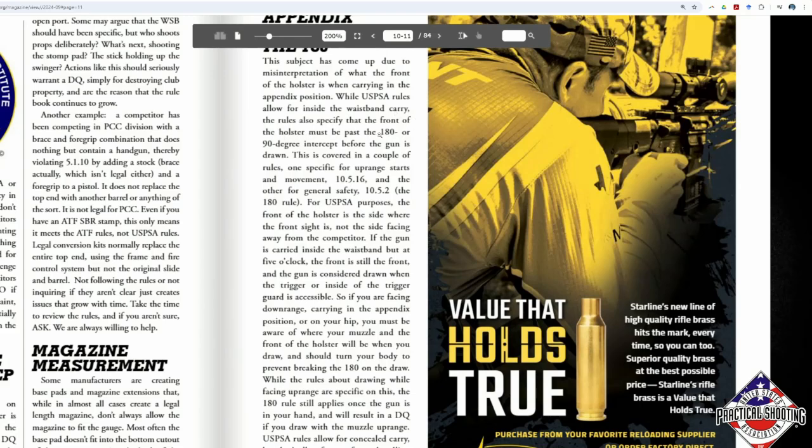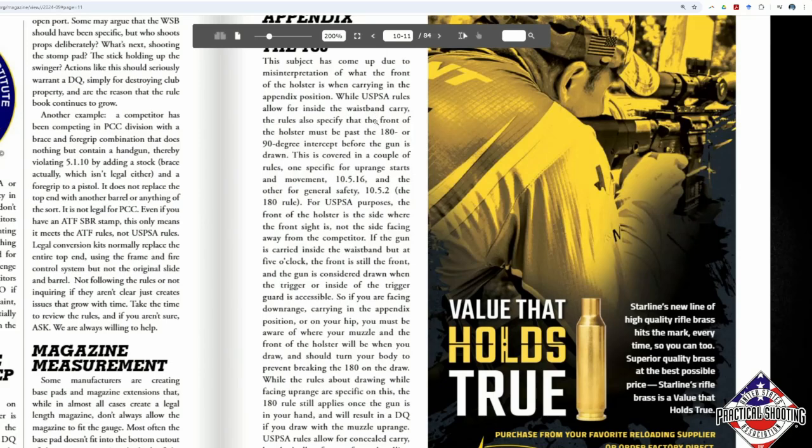So 10.5.2 must have something to do with the front of the holster, right? For USPSA purposes, the front of the holster is the side where the front sight is and not the side facing away from the competitor. All right, that's a fine and dandy definition.